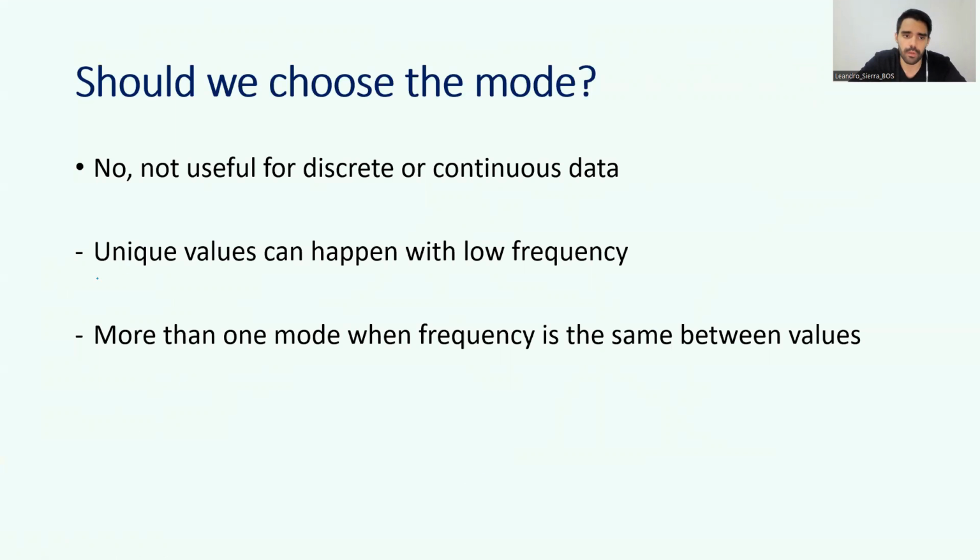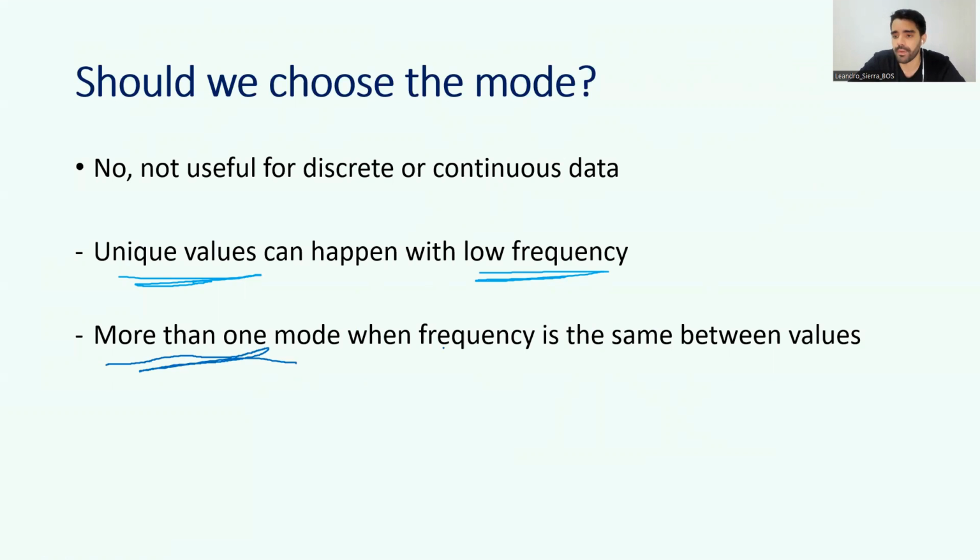First of all, if we have unique values with low frequency, let's say that we have a small sample, we are not going to have a mode. If all the values are different, we should not have a mode. And if there is more than one mode, that could be another problem.